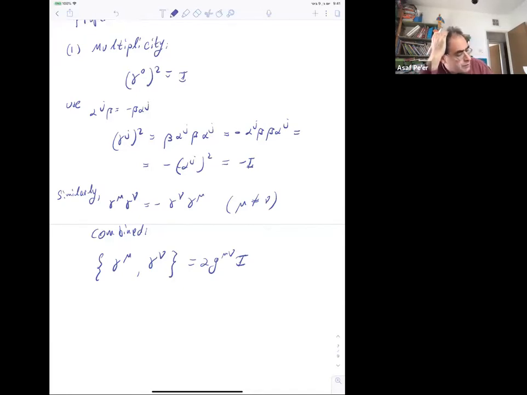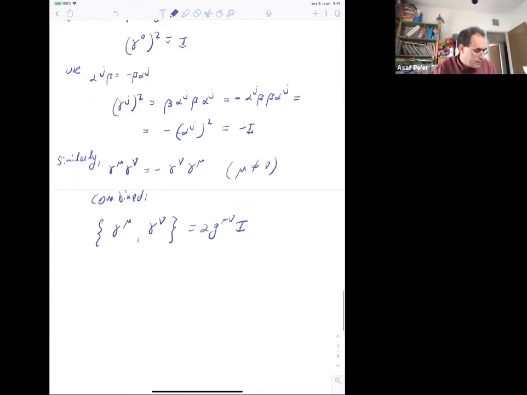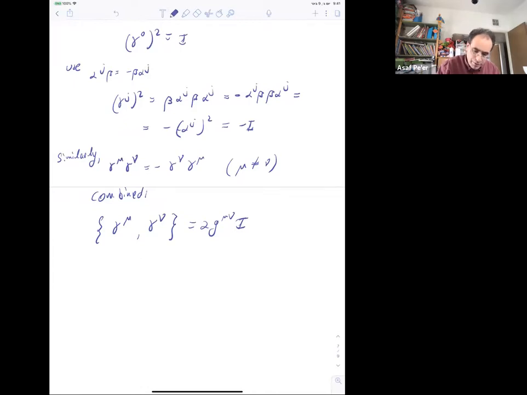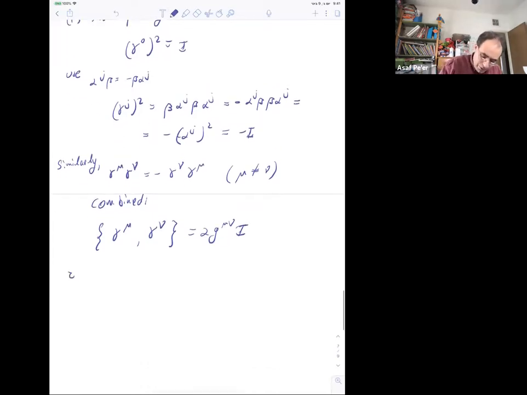Right, g mu nu, these are just the numbers in the Minkowski metric, 1, minus 1, minus 1, minus 1. So that's why we have to multiply by the identity matrix. This is one property. Second property is hermiticity.